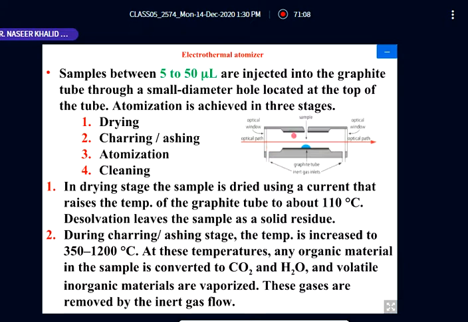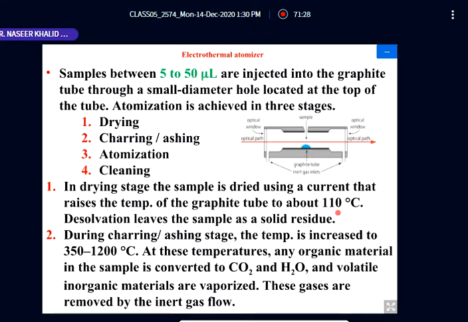Now, these are just explanations. In the first stage, that is drying, the sample is dried using a current which raises the temperature to 100 degrees centigrade, 110.